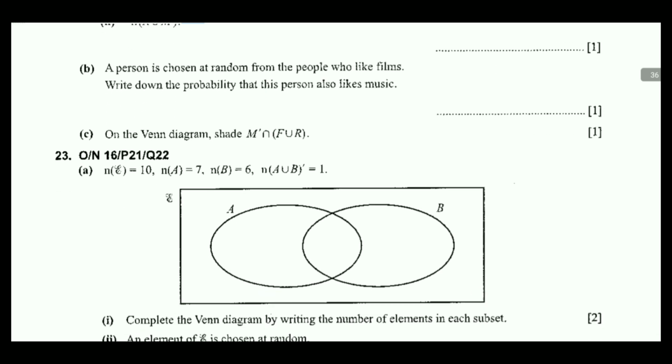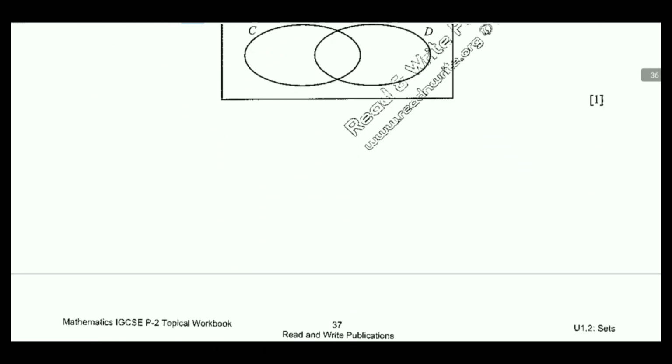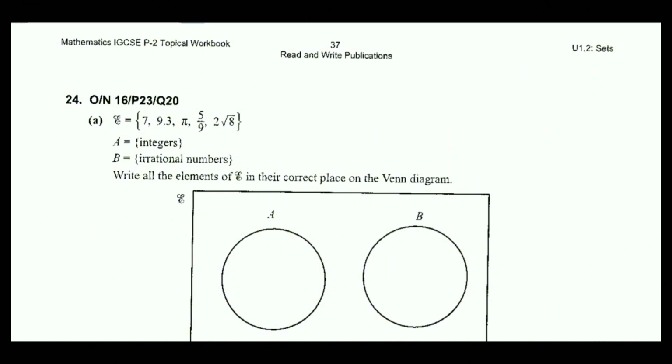These are easy questions. Question number 24. The universal set is given to you. A is integers, B is irrational numbers. Write all the elements of the universal set in their correct place on the Venn diagram. So A means integers. Integers means whole number values, except decimals and fractions.